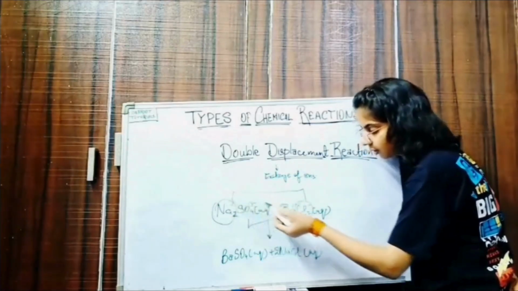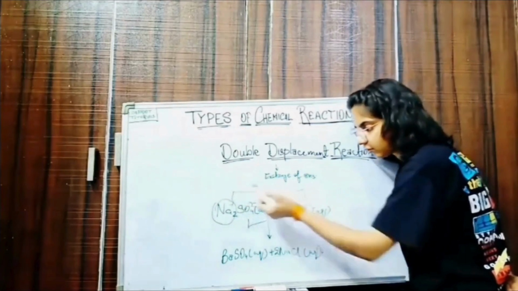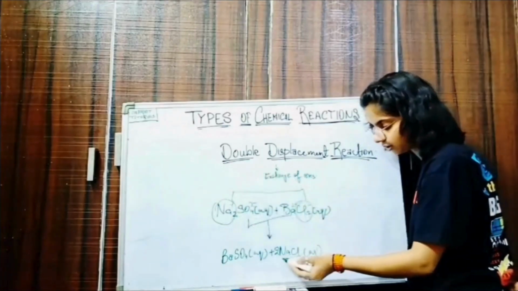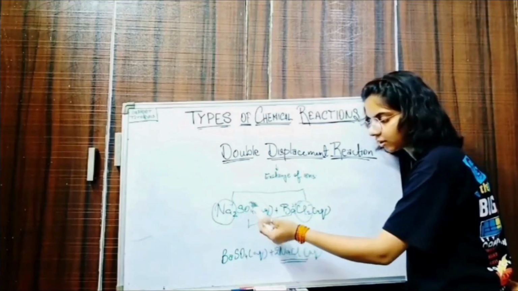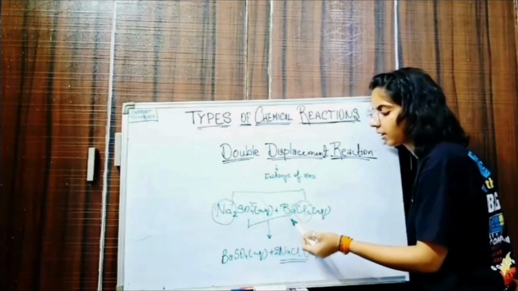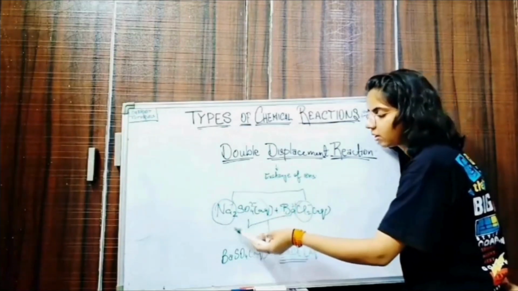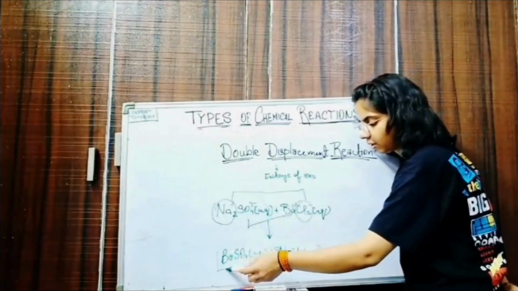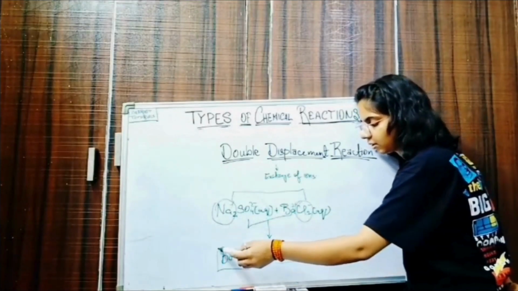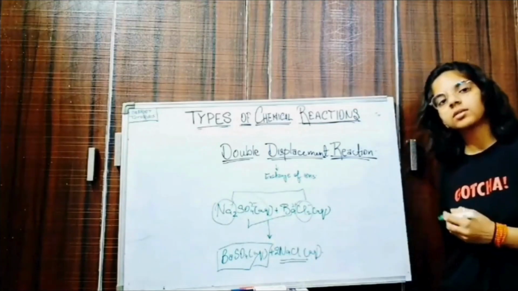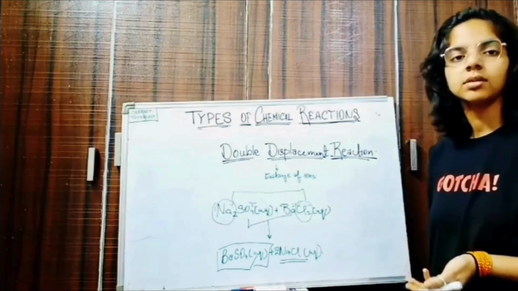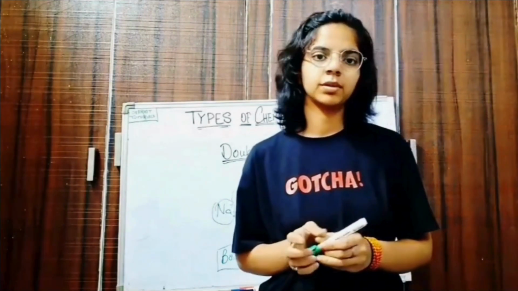So this Na⁺ and Cl⁻ will form a bond and form a salt, NaCl, sodium chloride salt, and this SO₄²⁻ sulfate ion and barium ion, Ba²⁺, will combine and form a bond and form a salt, that is barium sulfate salt. As simple as that, just an exchange of ions. So this is all about the double displacement reaction.